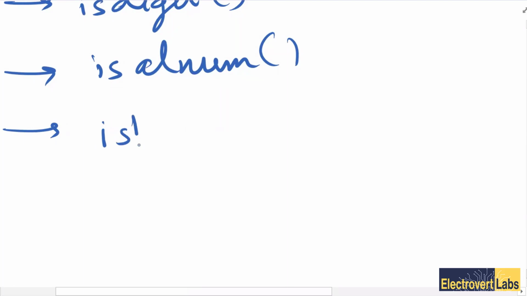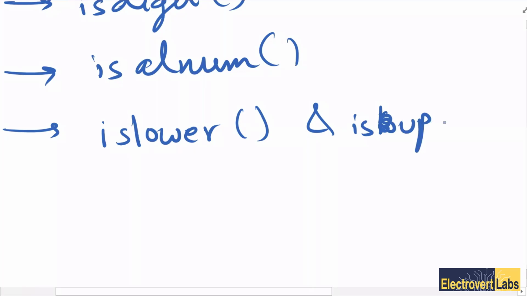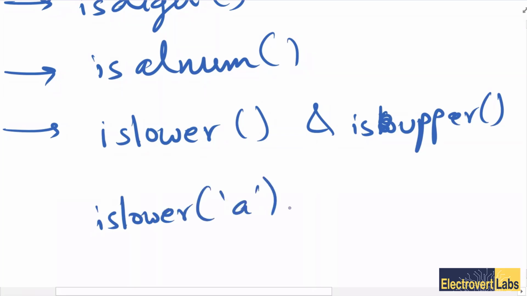Then there is a function called islower. It checks if it is an alphabet and if it is in lower case, it will return true. For example, if you do islower of small a, the output will be true.